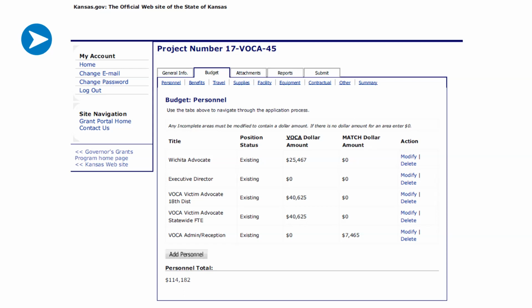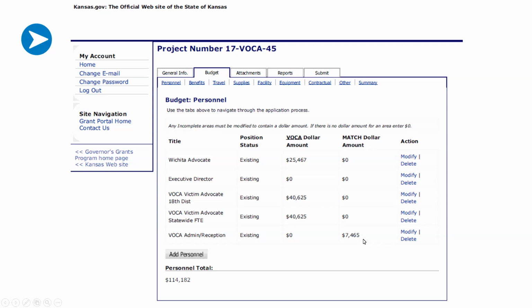In this case, you see you have a Wichita advocate. We're asking $25,467 for the VOCA amount. And then the administrative assistant at the bottom is a match dollar amount of $7,465.